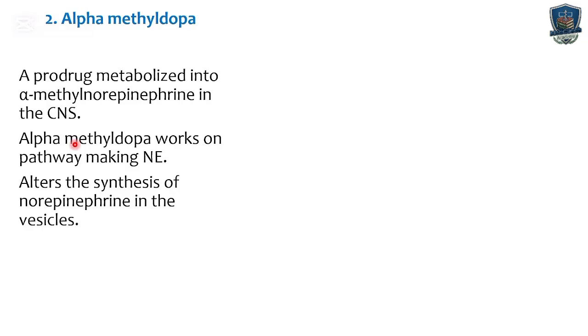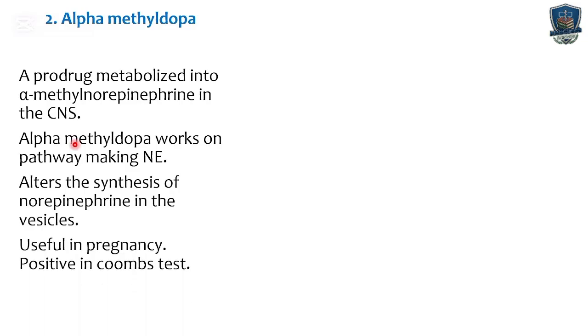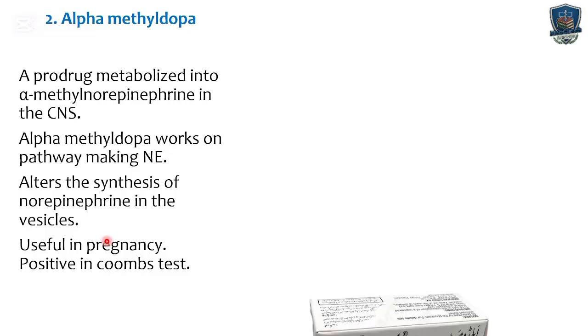It alters the synthesis of norepinephrine in the vesicle. That's another mechanism of action, and it's also very useful in pregnancy. For pregnant women with hypertension, we see aldomet or methyldopa being used. It's a very good drug for controlling blood pressure in pregnancy.